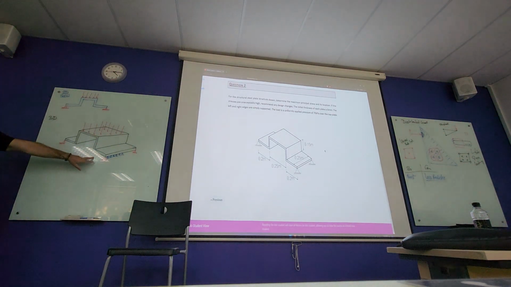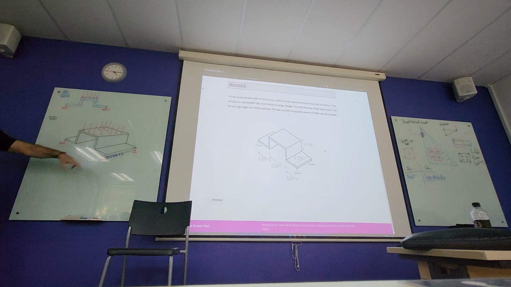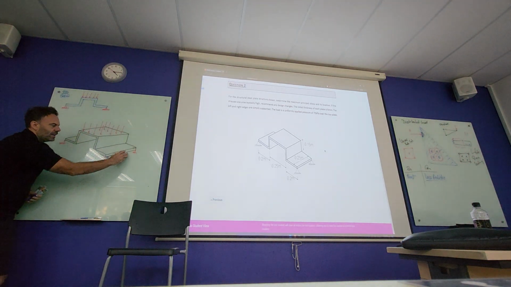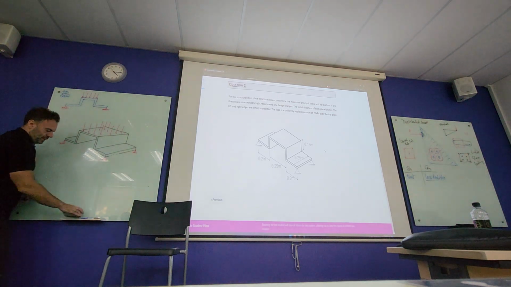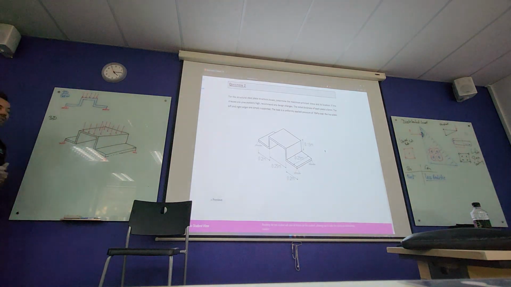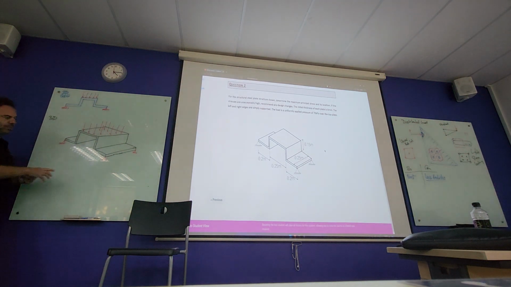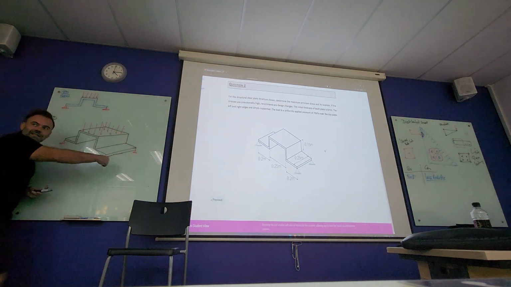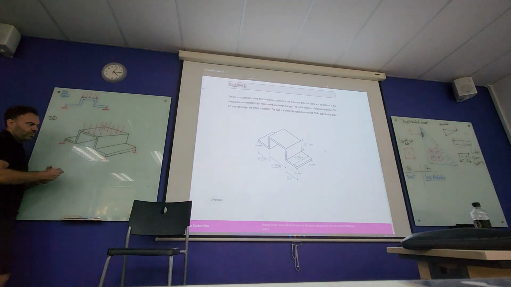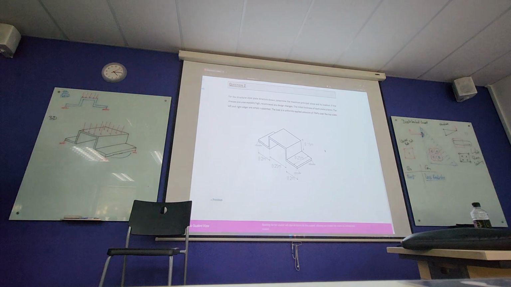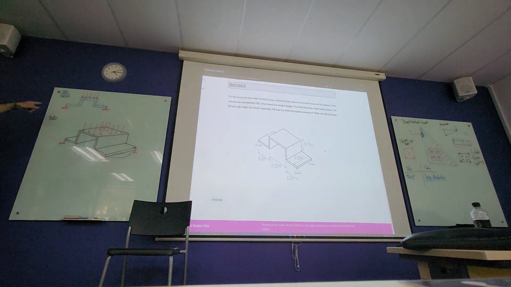But what we have here is boundary conditions applied at the corners only. Because we know the structure could sag, could deform between these points, we can't use 2D solid.